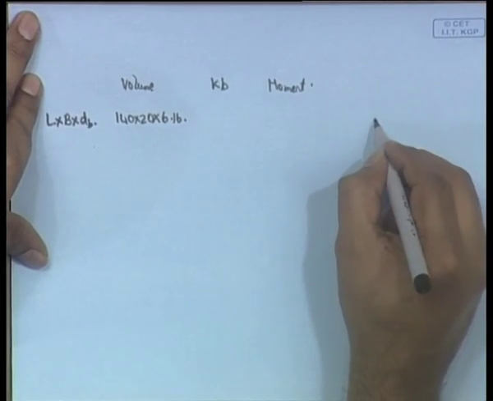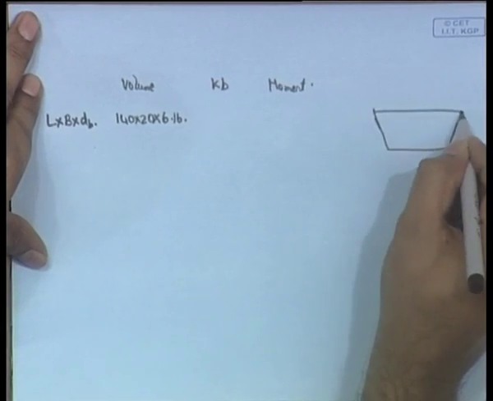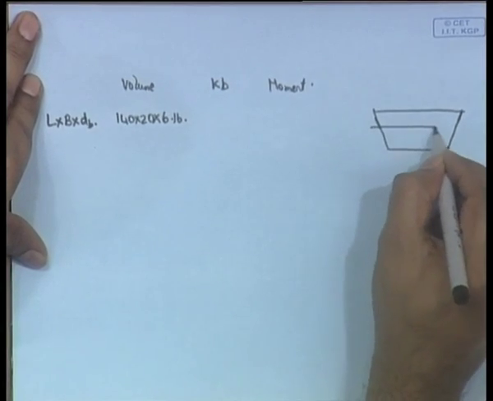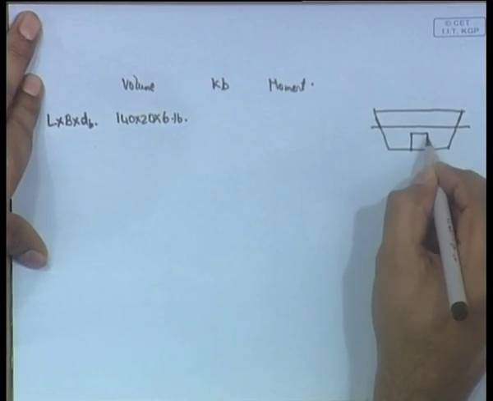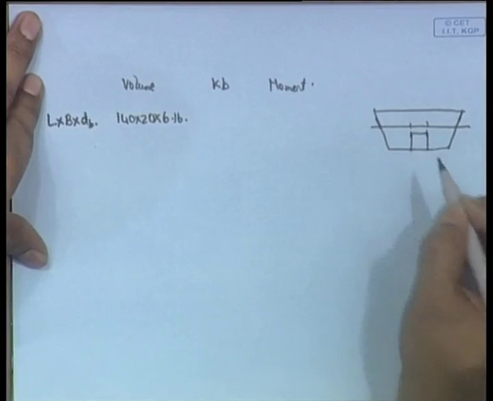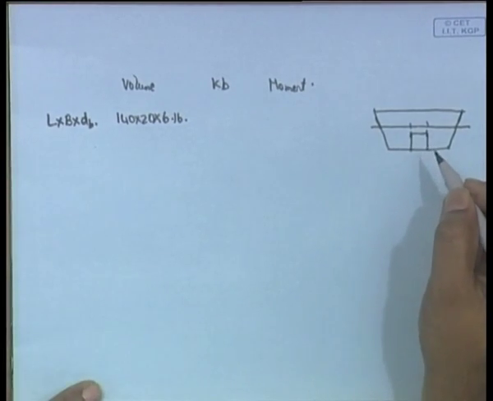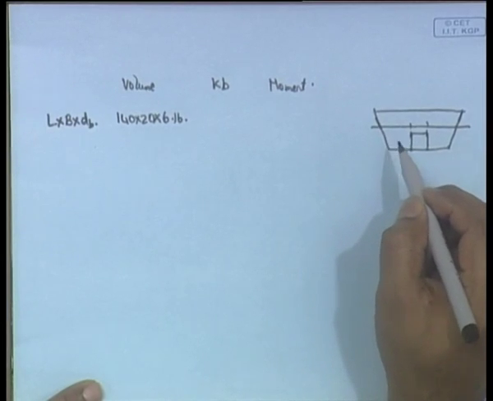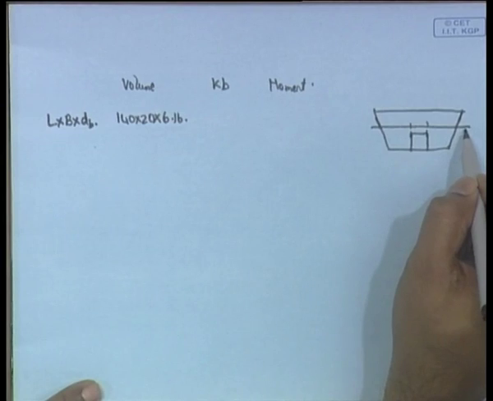That is, the ship is like this now. This is the water line and this is the compartment and this is the flat. Therefore, this much volume is lost from the ship. Now, the easiest way to do is, you find the KB of this. How do you find the KB of this?